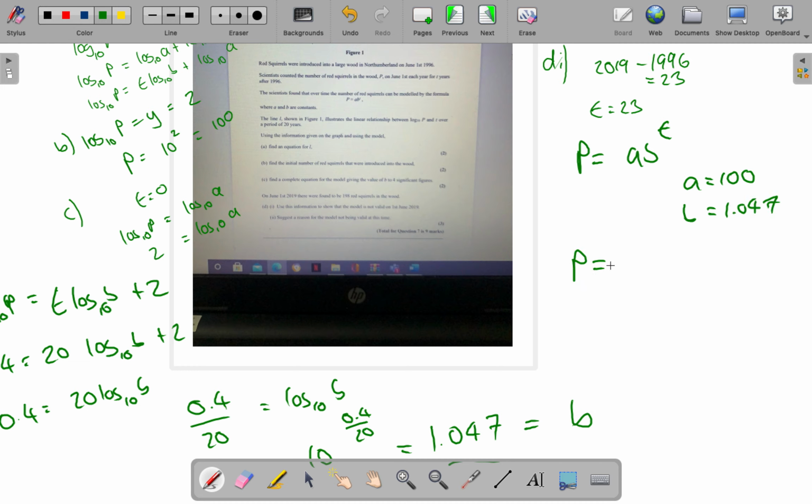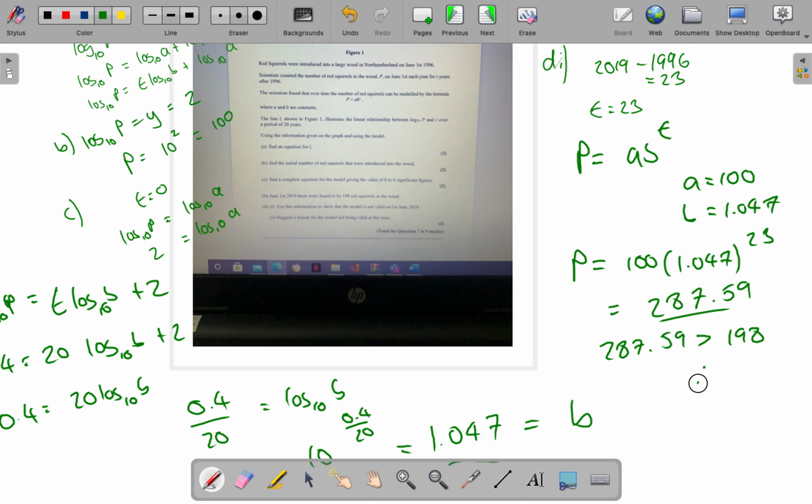So p is equal to 100 times 1.047 to the power of 23. And therefore we substitute in our value. So 100 times 1.047 to the power of 23 gives an answer of 287.59. So therefore 287.59 is much greater than 198. Therefore the model is not valid. Our model is much greater than the actual value.